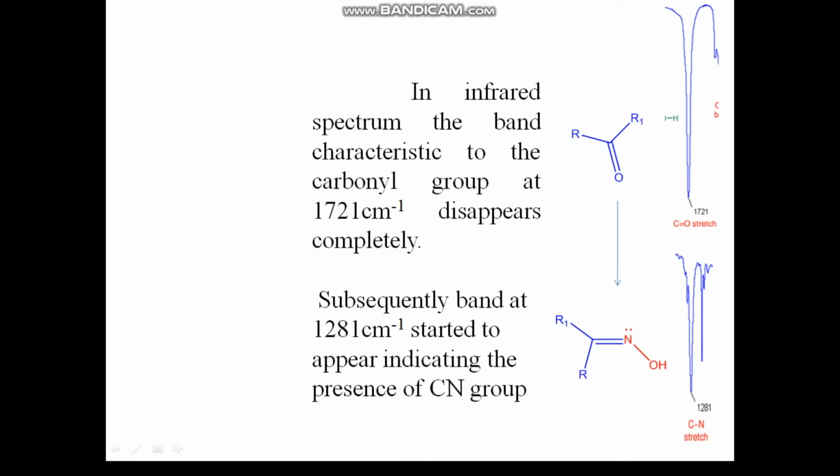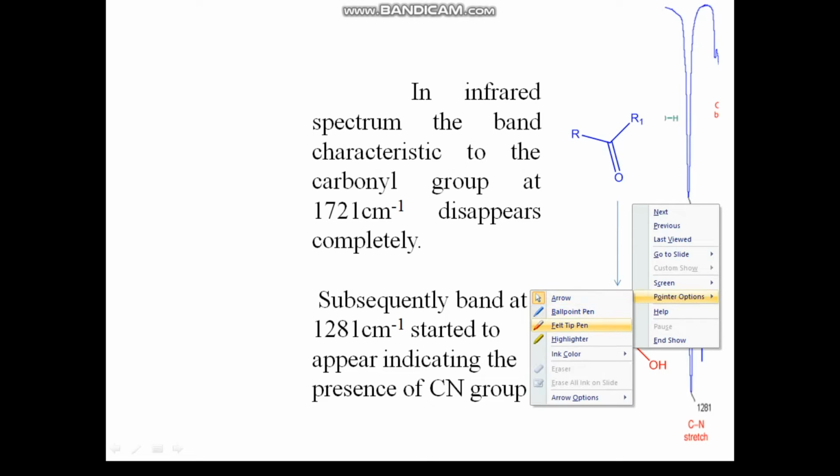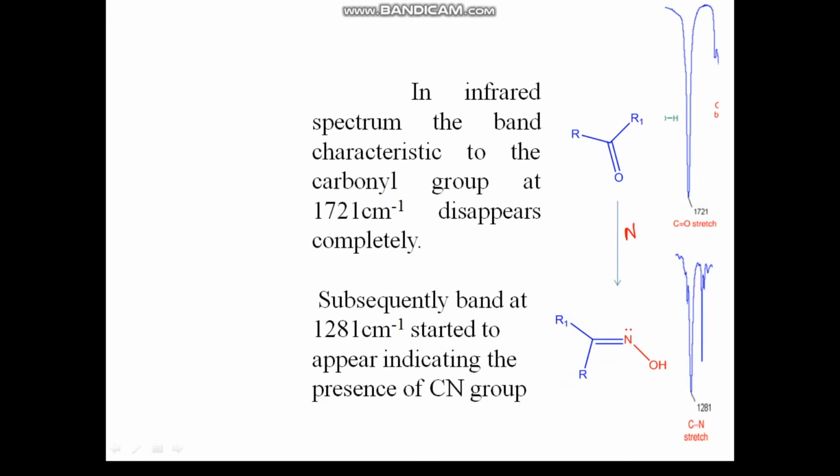Example, so here we have a ketone, and this ketone upon treatment with hydroxylamine, say for example NH2OH, would definitely lead to oxime. Okay, so what is the plausible mechanism that one can draw?